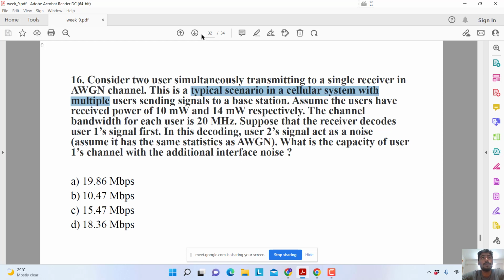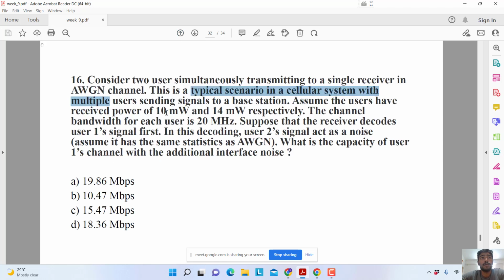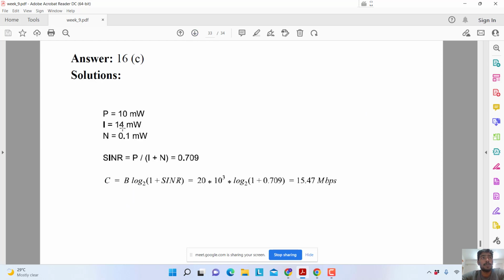Okay, so this is the explanation. The received power of user 1 is given. Assume the users have received power of 10 milliwatts and 14 milliwatts. So signal power is 10 milliwatts. Interference from user 2 is 14 milliwatts. And noise is given as 0.1 milliwatts. So by using this data, we can calculate the SINR.